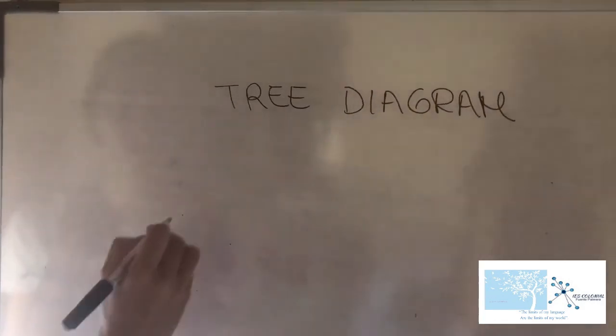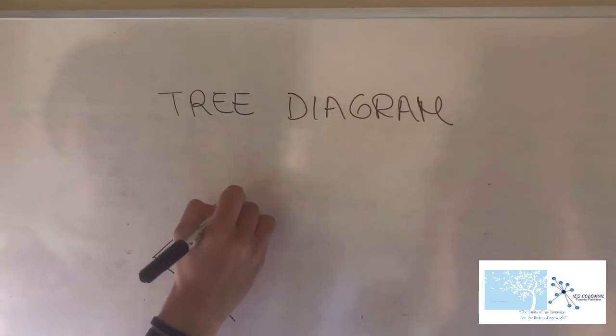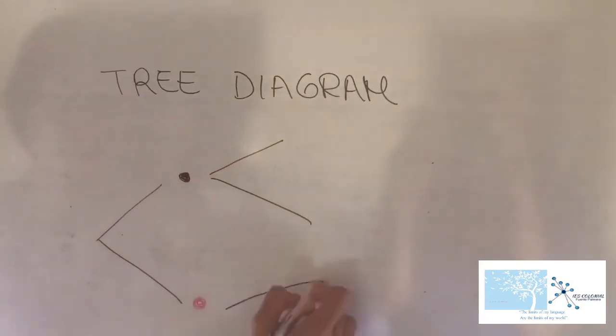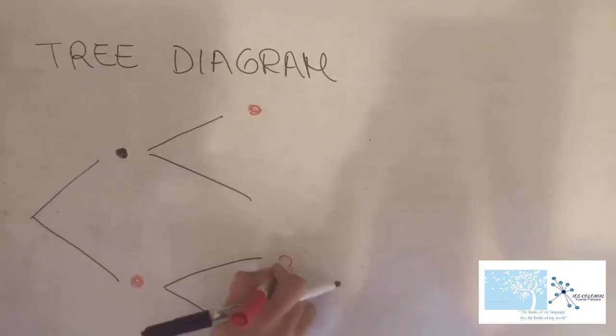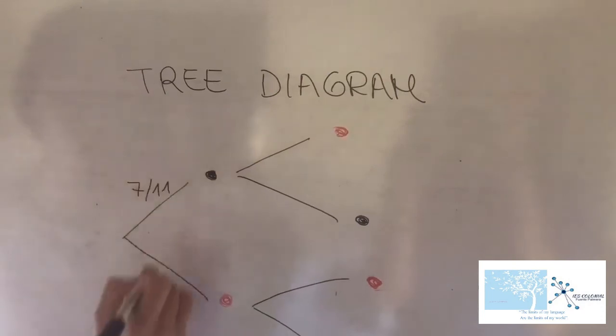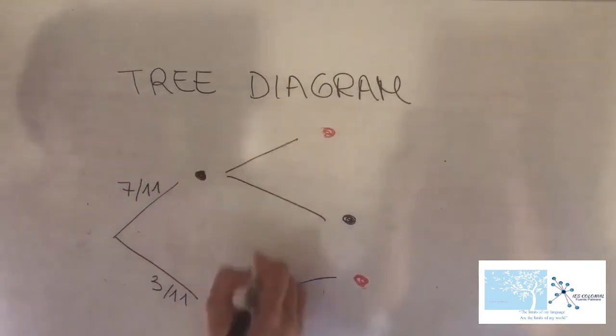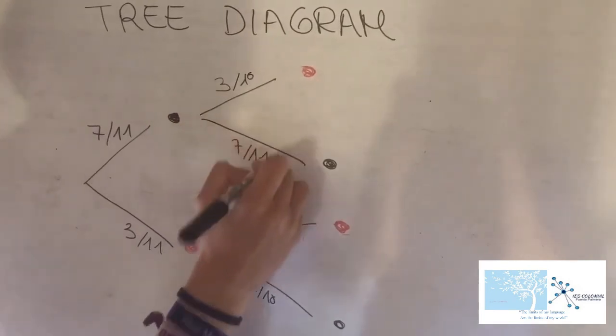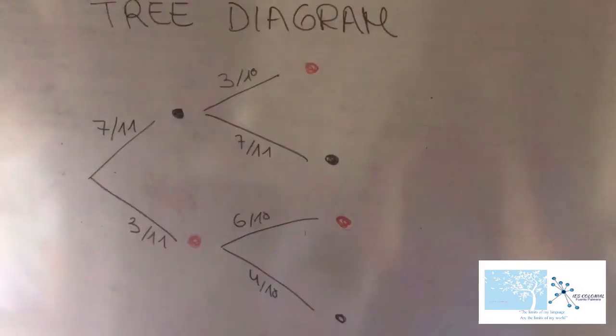For the construction of the tree diagram, we have to start by putting a branch for each of the possibilities accompanied by its probability. Something like this. The tree diagram is a graphic representation of the possible results of the experiment, and for you to understand it better, we will apply it in an example.